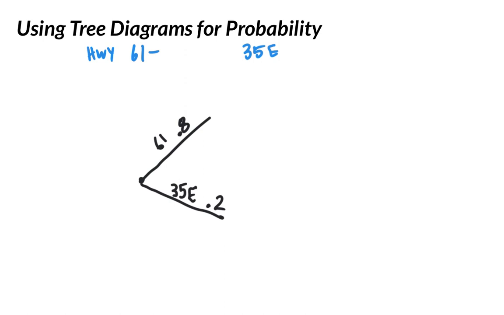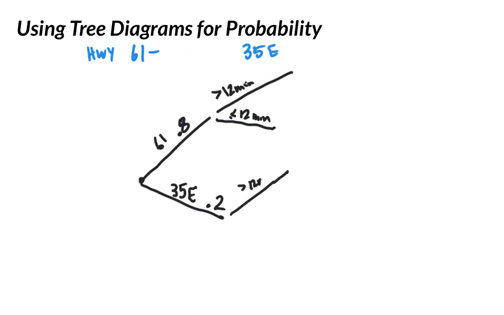Next, let's just say that the probability that I get caught in some kind of traffic, I'm going to denote it this way. It takes me more than 12 minutes on 61, or less than or equal to 12 minutes. I'm going to write the same thing here.